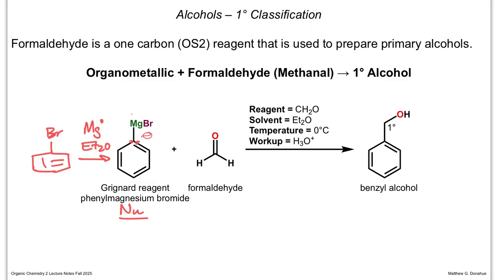So we have carbon minus, that is going to attack that. We're going to break the pi bond. Then on workup, that's how we get our neutral alcohol.